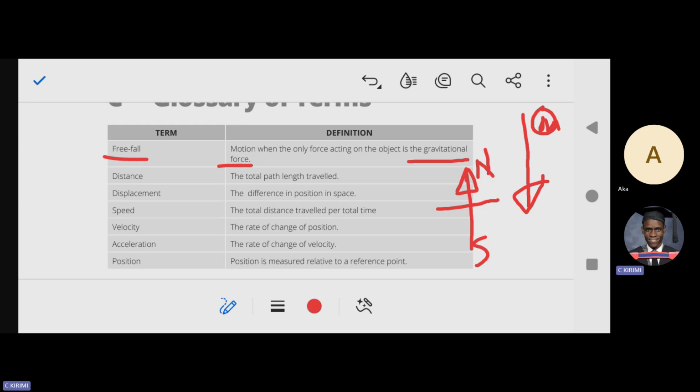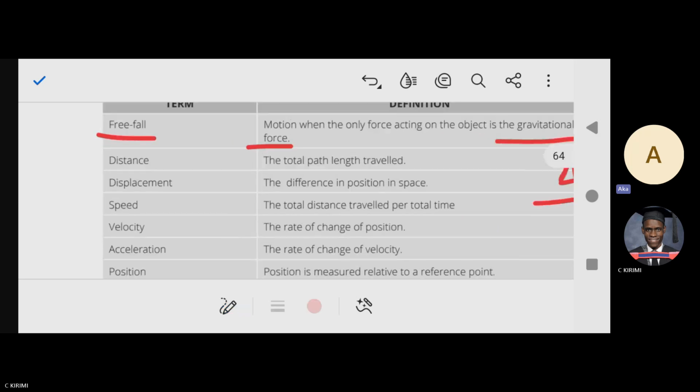What about speed? What is the difference between speed and velocity? Speed is the distance traveled per time. Velocity is the rate of change of position, the rate of displacement.